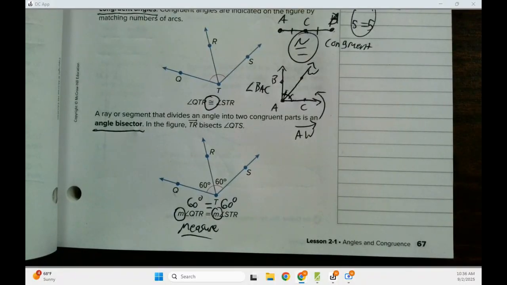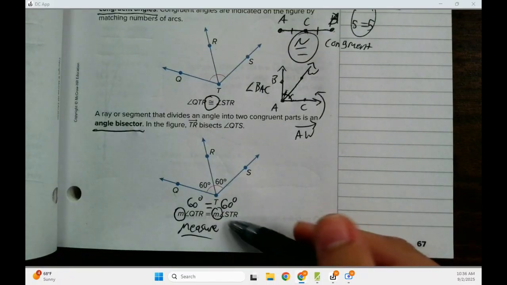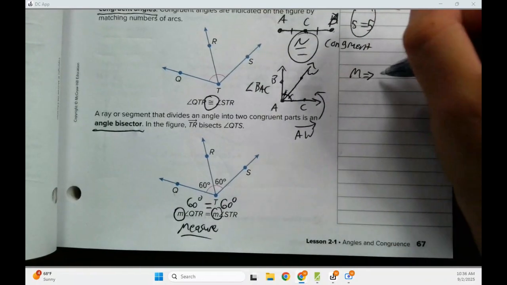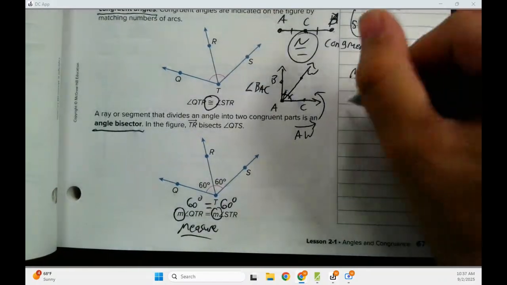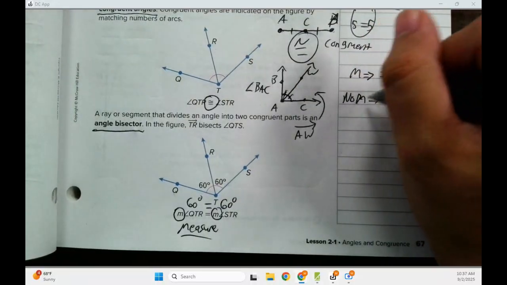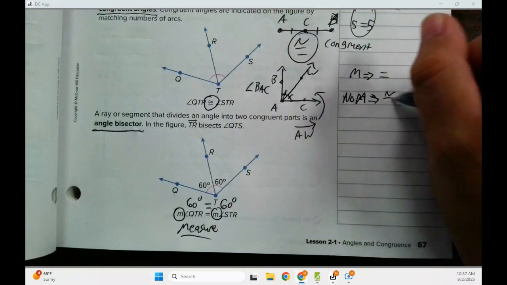Okay? So if we have that little M, that means we're using the equal sign. So if you want to take that down, M implies equal sign. No M, right? If there's not an M right there, then we're going to use the congruent symbol.